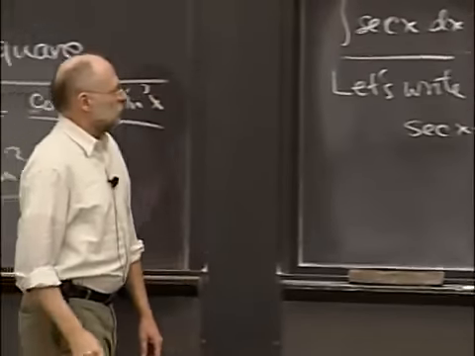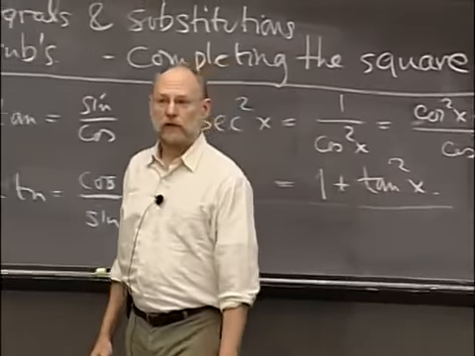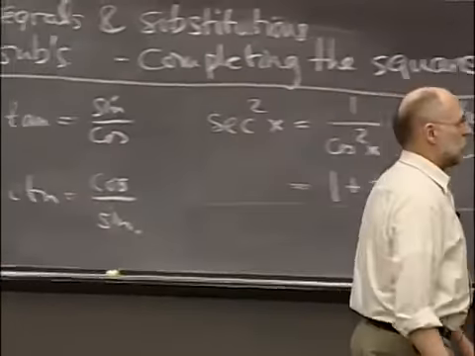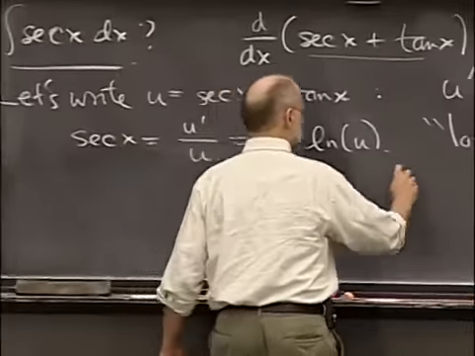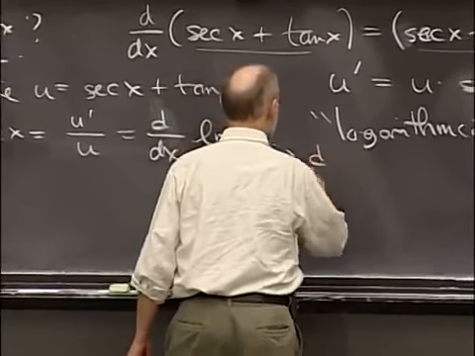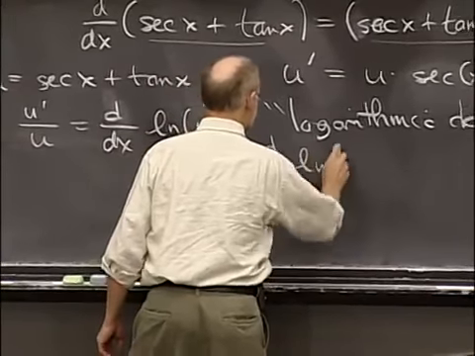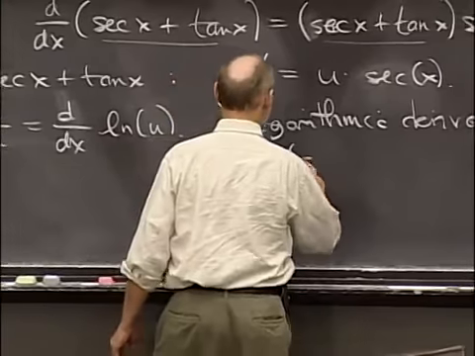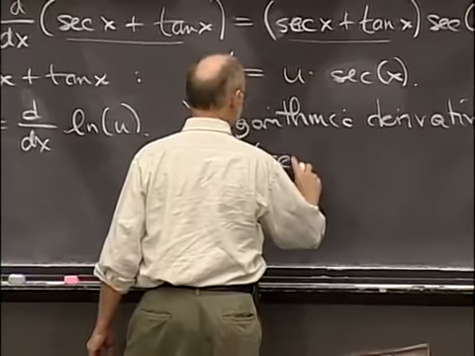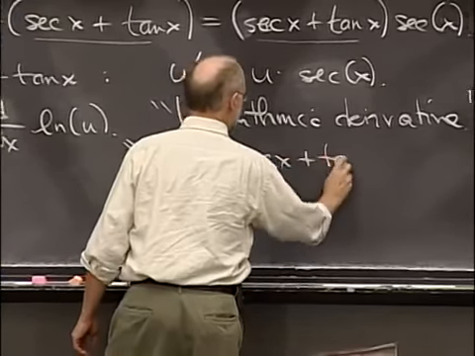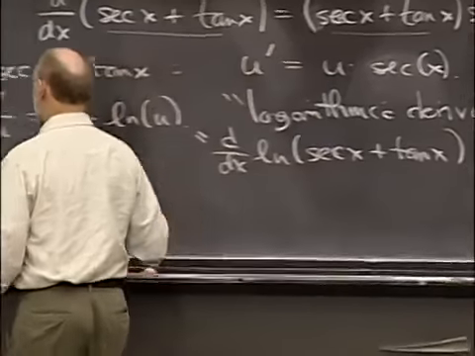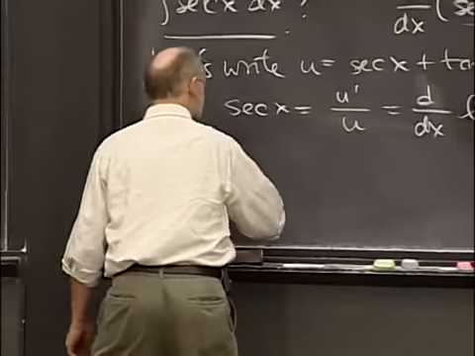But it's done what I wanted because it's expressed the secant as a derivative. And I guess I should put in what u is. It's the secant plus the tangent. And so that implies that the integral, integrate both sides.